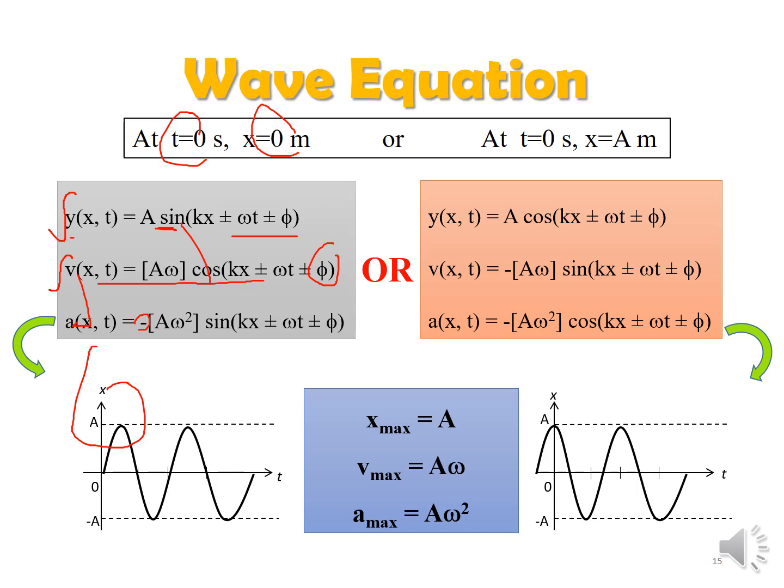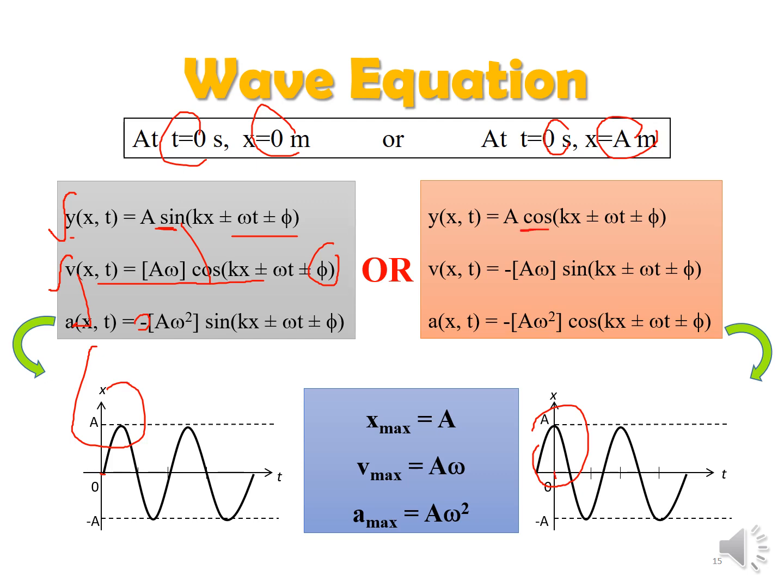So this graph represents the sine graph because the displacement starts from sine. As you can see, it starts at t equal to 0, x also equal to 0. Then the second graph represents the cos graph, because at t equal to 0, x is at a meter, which is at the maximum height and amplitude.